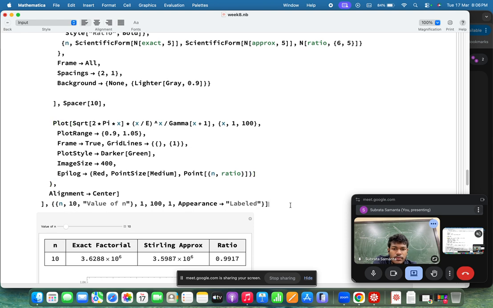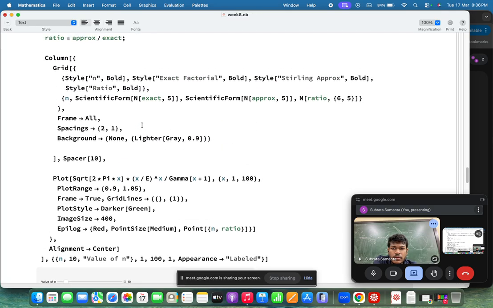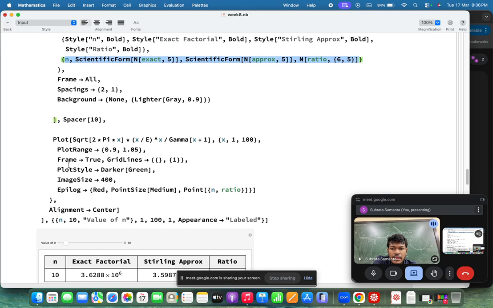So, let us say for n equals 10, I first calculate these numbers, these tables. For n equals 10, I calculate the exact one, the approximation, the error and the ratio, and I print those numbers, ratio, approximation, exact, and n, and then I plot this.